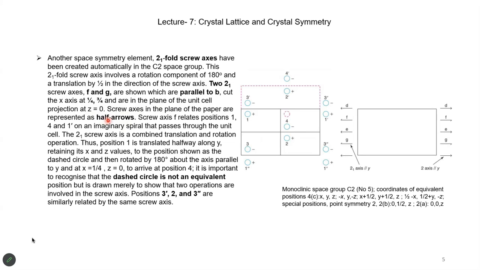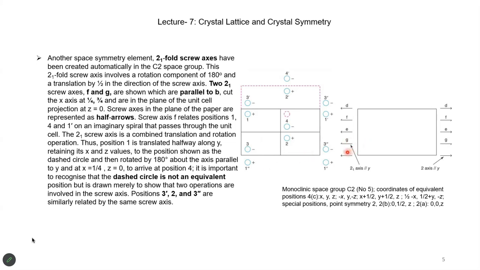This is shown with a half arrow as the screw axis. I have discussed it a little bit, and if you go through this, you can easily get the explanation of these two figures.